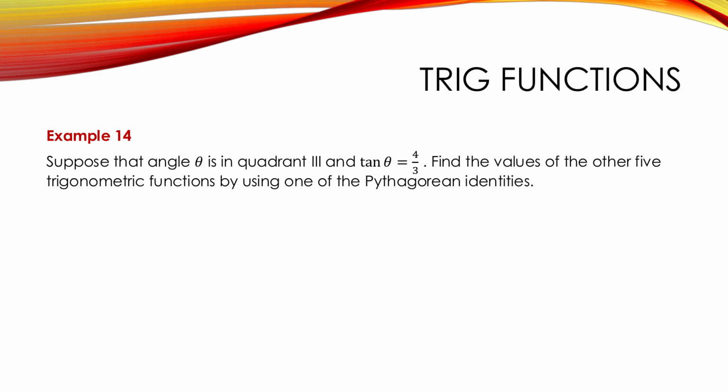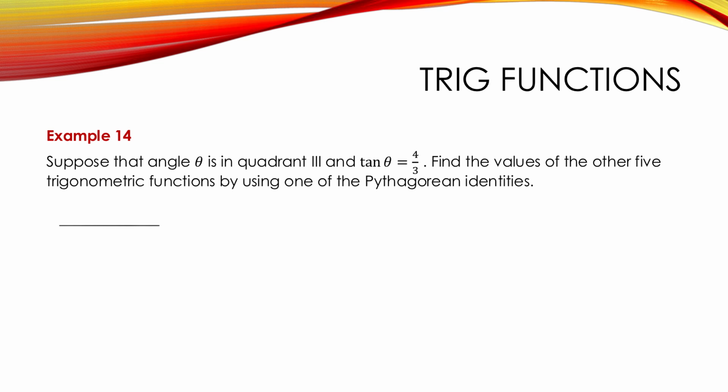And one last example, now this one we started with tangent. So for our tangent, we have tangent is 4/3 and it's in quadrant 3. And this makes sense because in quadrant 3, we know that tangent and cotangent are the only trig functions that are positive because both our x and our y are negative in quadrant 3.